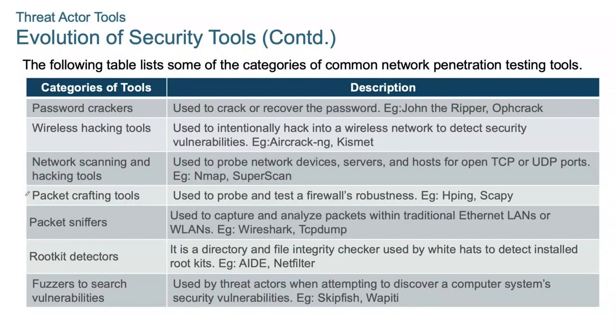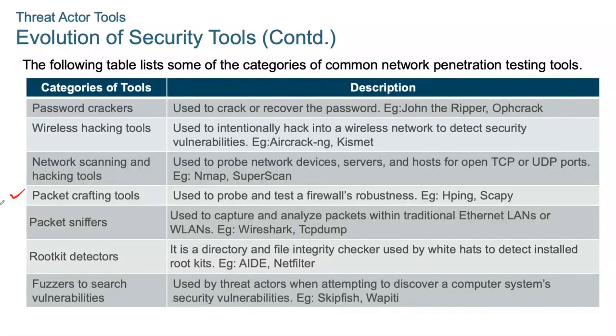In this week, if you find time, you can use other password cracker tools, like the John the Ripper tool. You can simply install that and go through the help menu. It will give you the step by step process of how to crack your own password, not others'. Okay, and the next one is packet crafting tools.